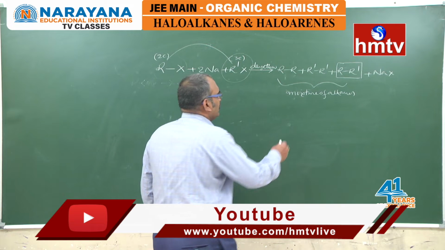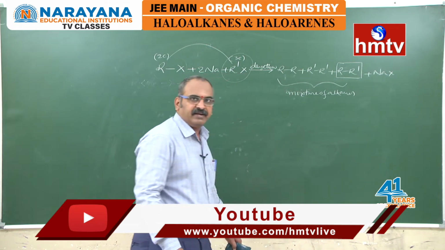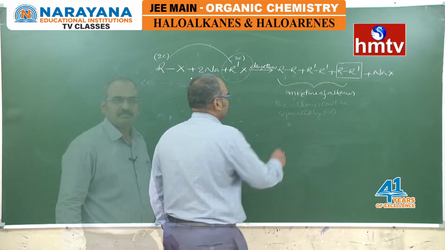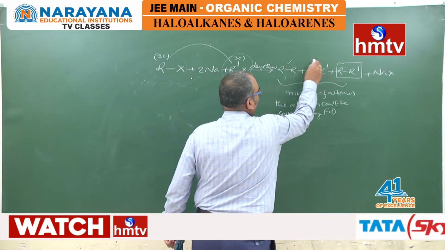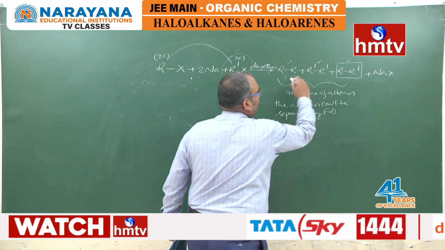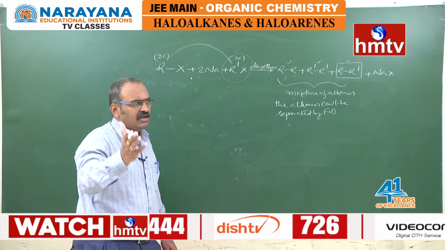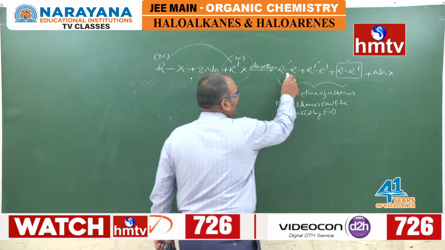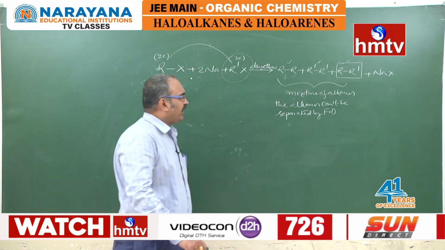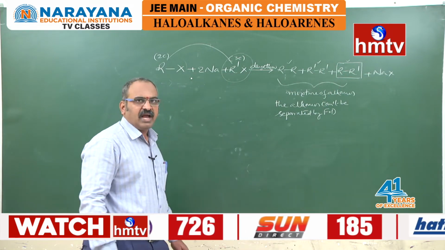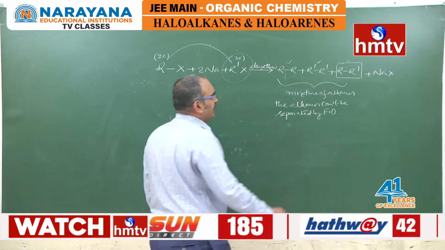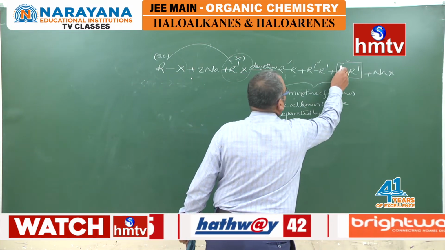As a result, the alkanes cannot be separated by fractional distillation, because each alkane has its own boiling point but the boiling points are very close to each other, so fractional distillation cannot help you to separate the alkane mixture into individual alkanes. As a result, Wurtz reaction is not suitable for the preparation of a higher alkane with an odd number of carbon atoms.